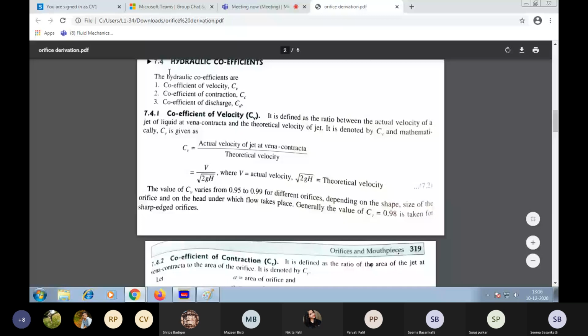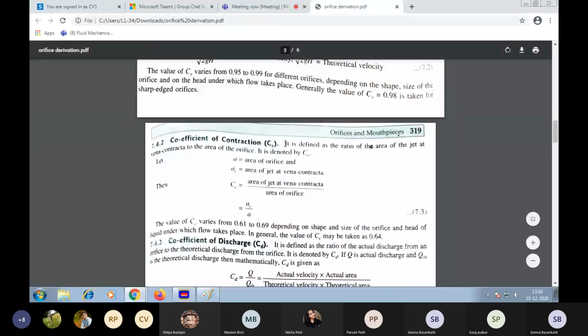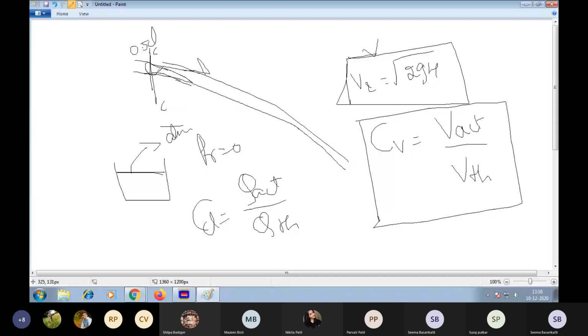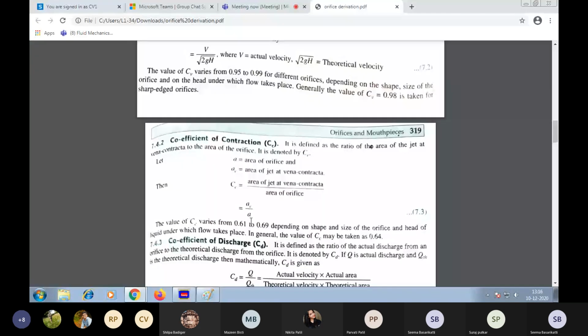Now next, coefficient of contraction. Coefficient of contraction is the ratio of the area of the jet at vena contracta and the area of the orifice. I have already explained this ratio while explaining the closed orifice. So it is the area of the jet at the vena contracta divided by the area of the orifice.